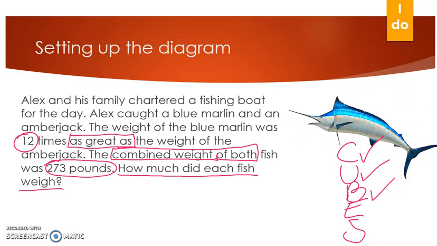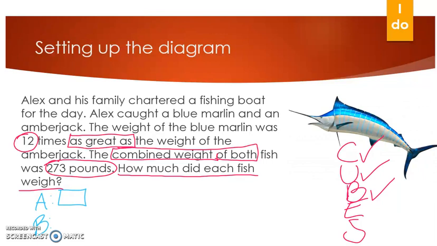So we don't know the weight of each fish right now, but we do know that the blue marlin is 12 times as great as the weight of the amberjack. So let's go ahead. We're going to do A for amberjack, and I'll just put a B for blue marlin. So this one box is going to represent the weight of the amberjack.